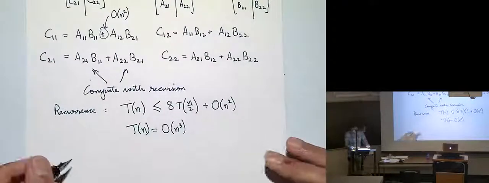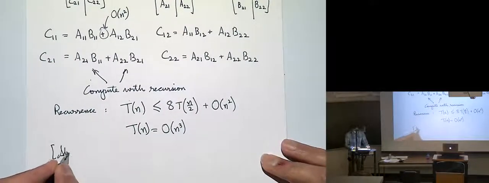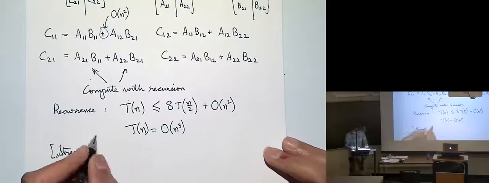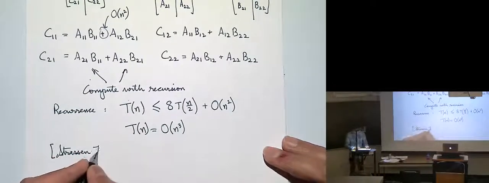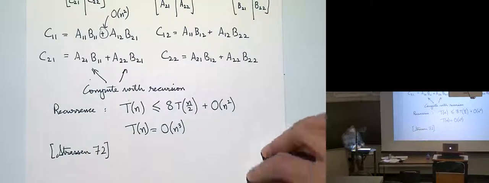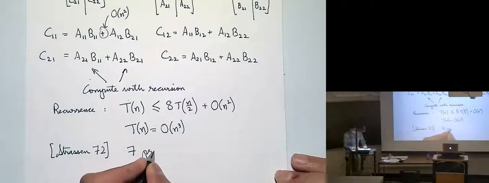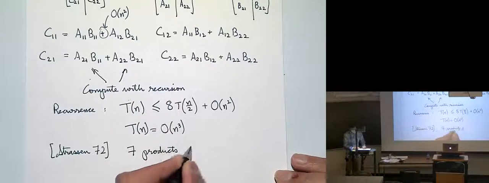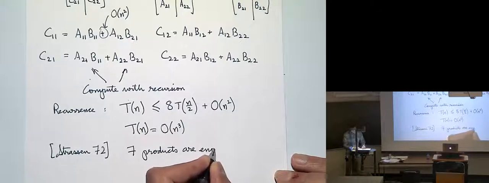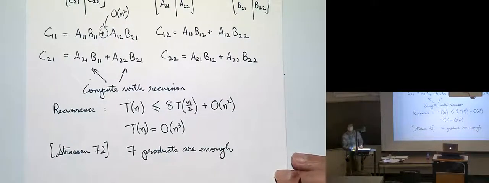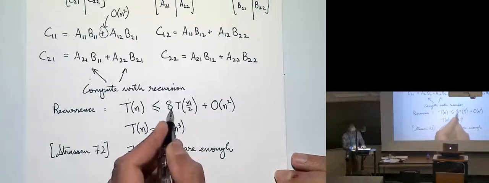And so Strassen, I think it's like 72 or 73, again in something that really surprised everyone, said 7 products are enough. Instead of 8, he did it in 7.